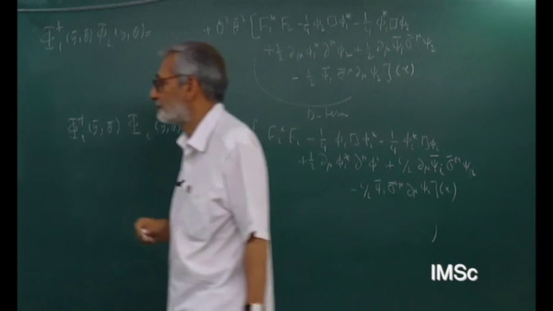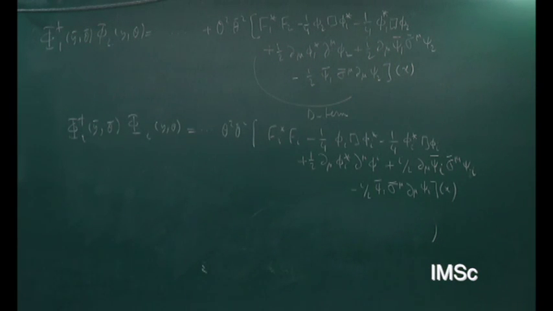So therefore, now let me write M is F_i star F_i plus d mu phi i d mu phi i, dropping total derivative terms.